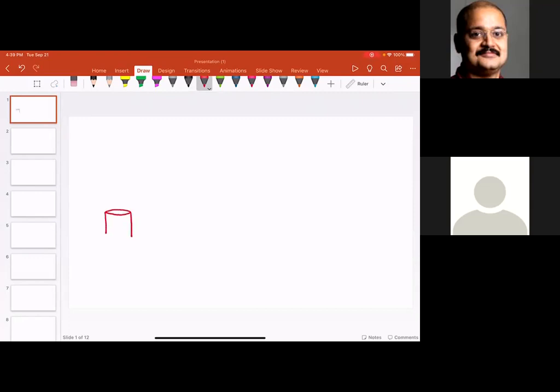So you have a revolute joint. Then there is a prismatic joint. And now this is interesting, that there is another prismatic joint which is shown over here.